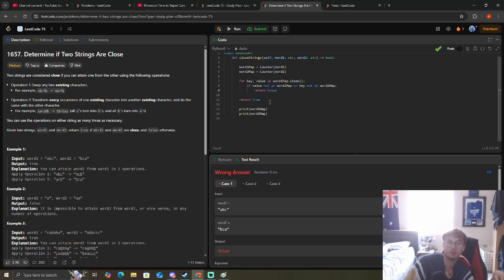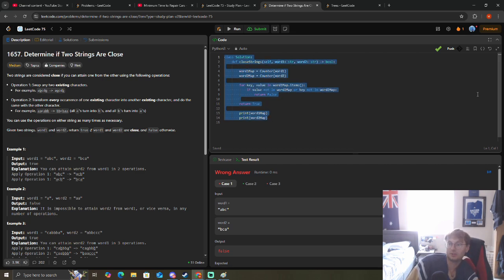Am I checking this properly? I don't know. This seems a little bit too simple for a medium level problem. My intuition is to check if the value is in the hash map.